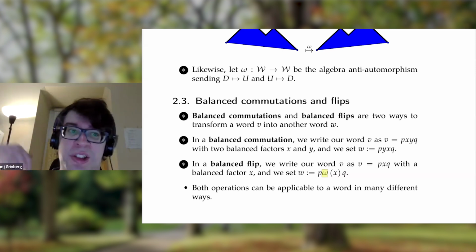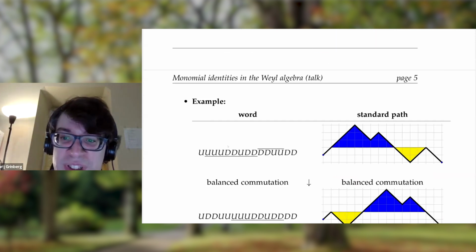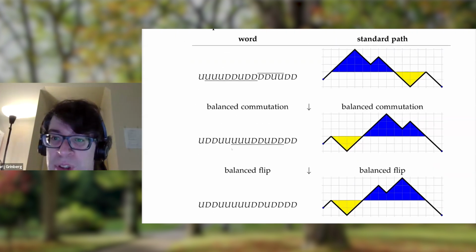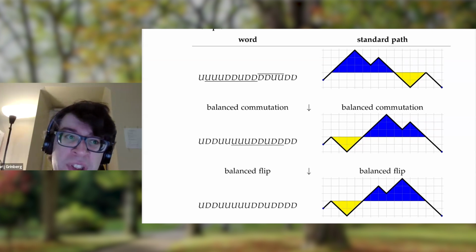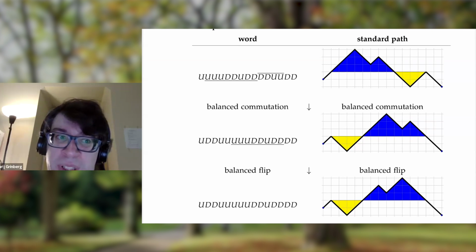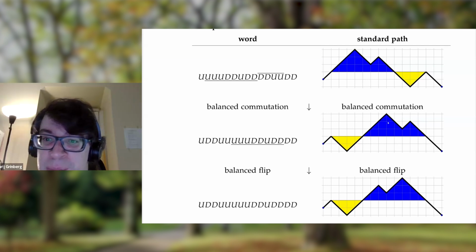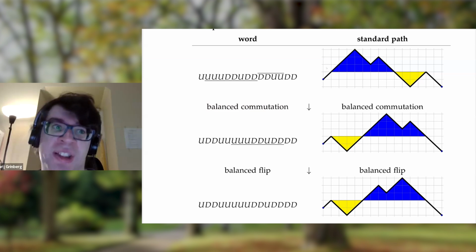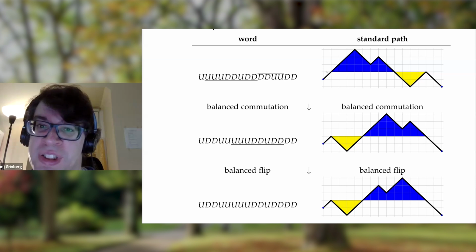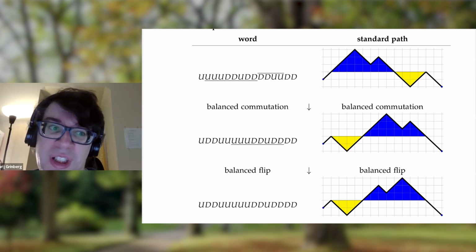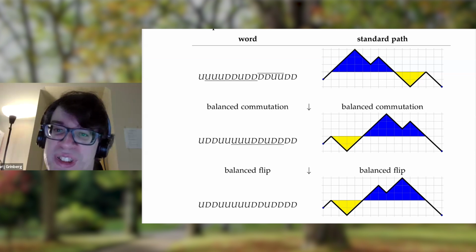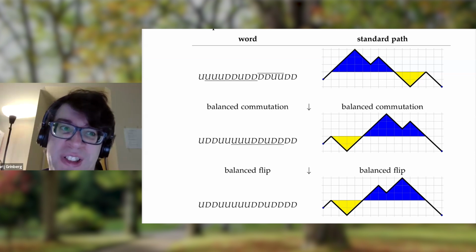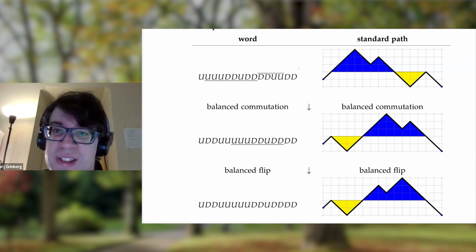So here is an example, and I'm showing you both the words and the corresponding diagonal paths so that you can see it a little bit nicer in the picture. So what does a balanced commutation do? A balanced commutation finds a horizontal line that cuts the path at 3 points. I mean, it can cut it in more than 3 points, but you just pick 3 points where it cuts it.